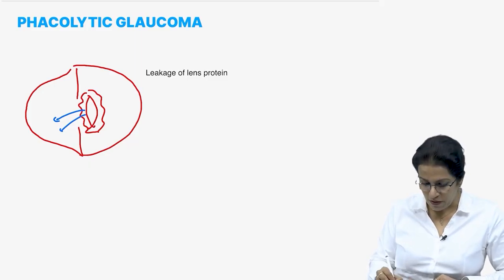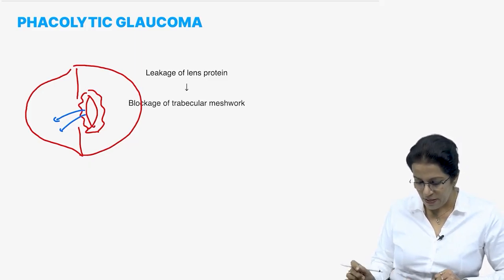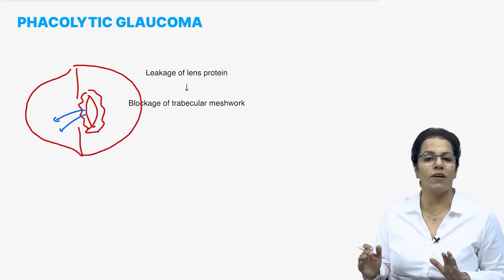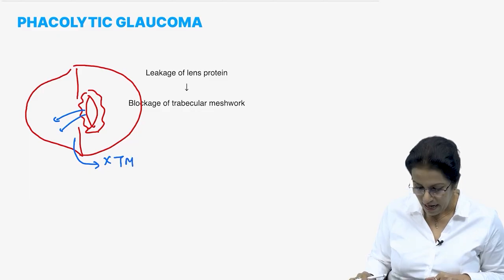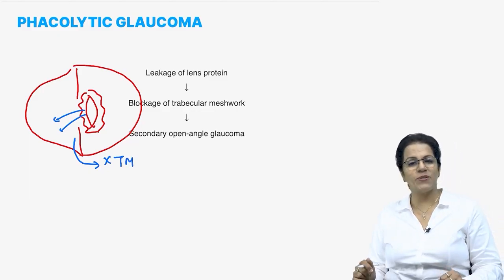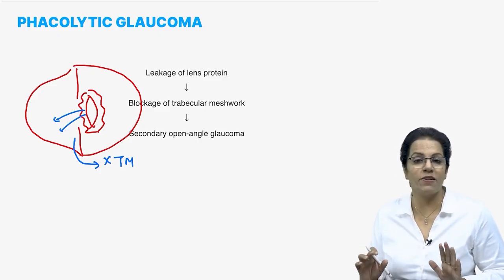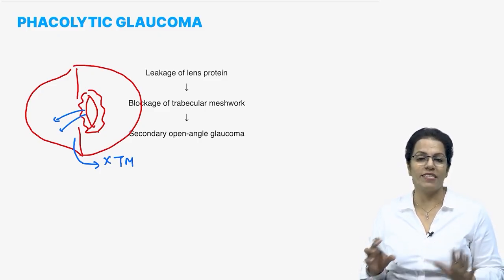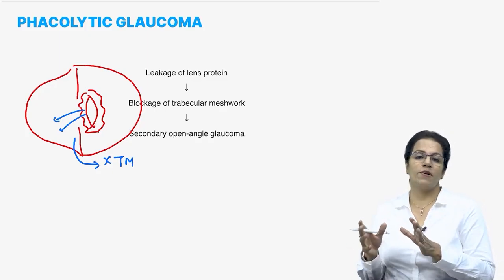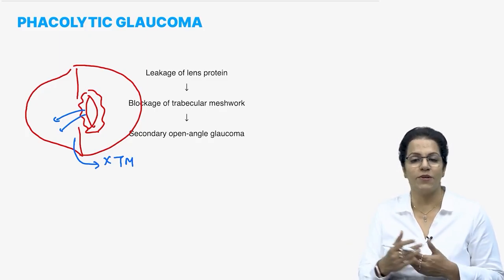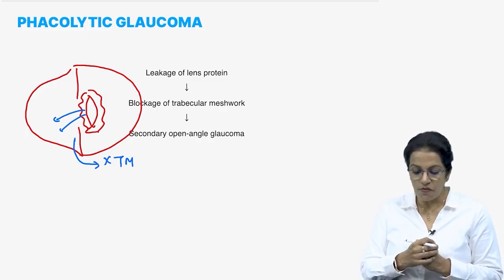It is going to flow with the aqueous. What next is going to happen? It blocks the trabecular meshwork. So, here it is blocking the trabecular meshwork. And what type of glaucoma will that lead to? It is going to lead to secondary open angle glaucoma. Why secondary? Because we know the cause. Open angle means blockage of trabecular meshwork. We will talk in the glaucoma chapter more in detail. Okay. So, this is your phacolytic.